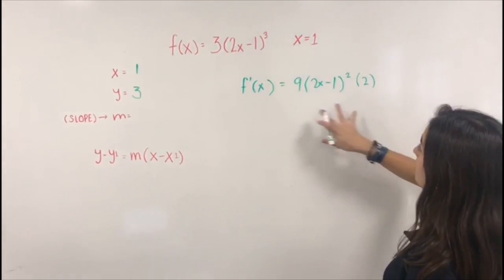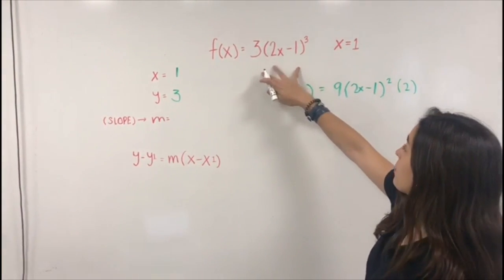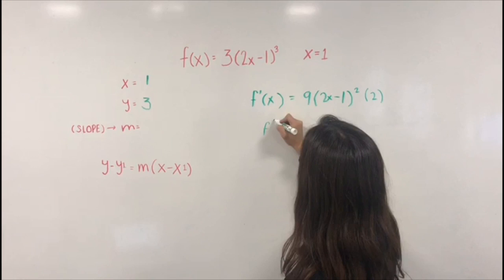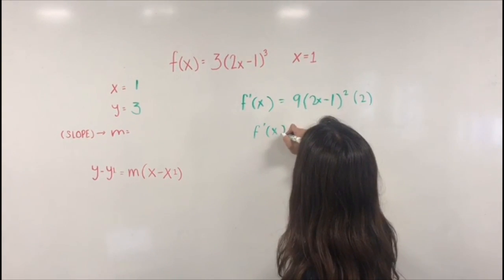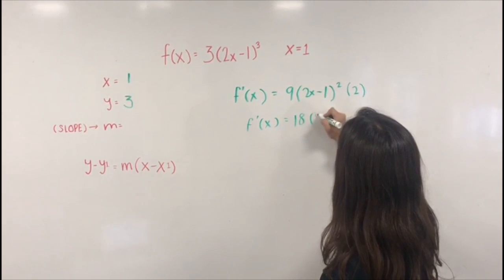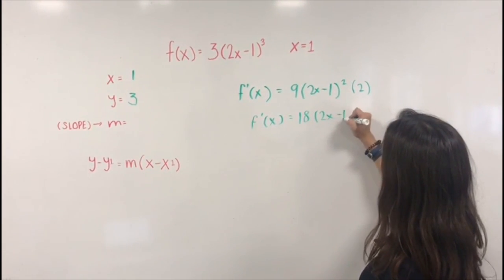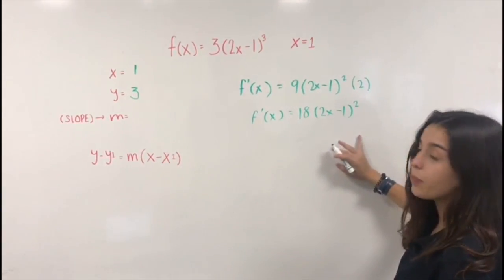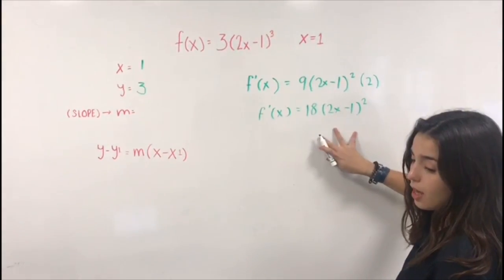So this would be your first step. This is the derivative of this. Then you do 2 times 9, so f prime of x equals 18 times 2x minus 1 in parentheses to the second power. It is very important to always use the parentheses.